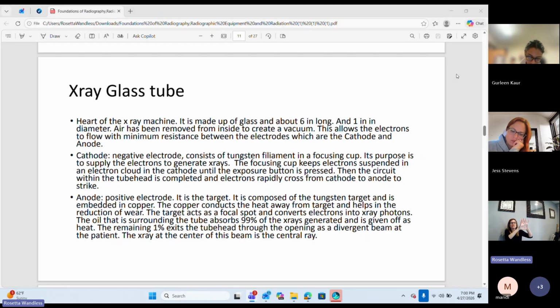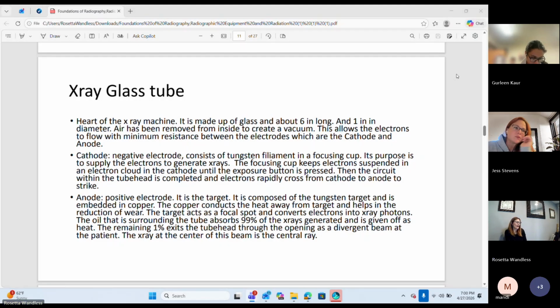Now, the cathode is just the negative portion. The whole side that's negative is called the cathode. It's not one piece. The tungsten filament, the focusing cup, that whole area is called the cathode, the negative part of that electrode. The whole gamut of it is cathode.